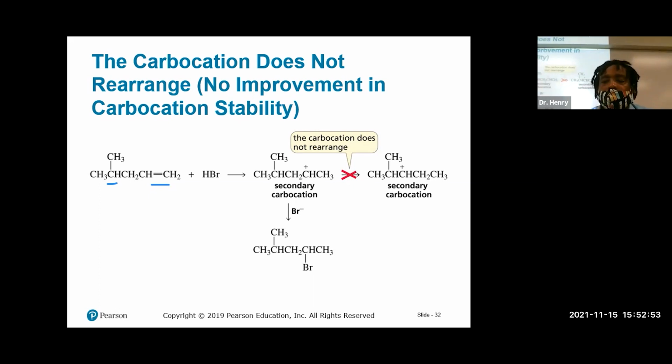The other thing to pay attention to is that it's not hijacking the hydrogen off of here. Why isn't it doing that?